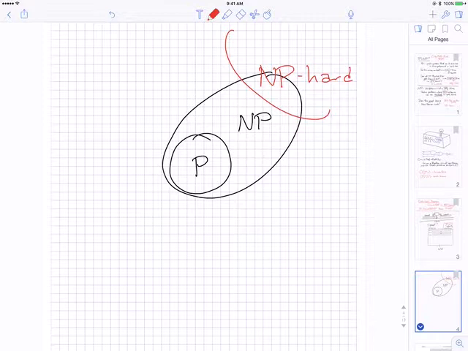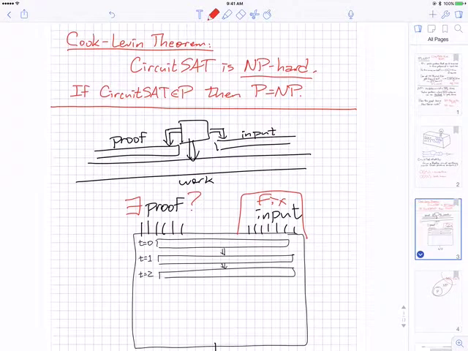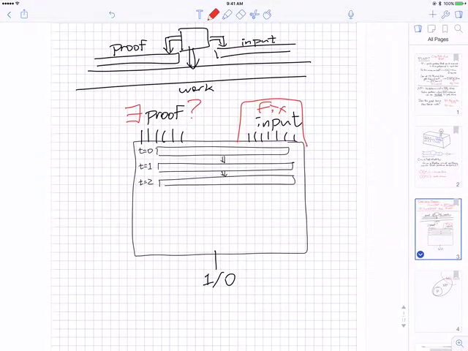A problem is NP hard if a polynomial time algorithm for that problem implies P equals NP. So the reason why circuit SAT is hard is if there were a polynomial time algorithm to check, here's this big nasty circuit that I built out of my Hamiltonian cycle algorithm.